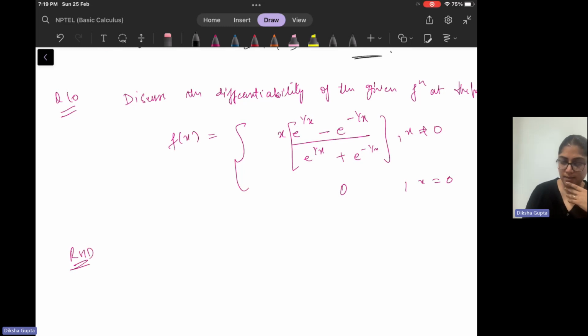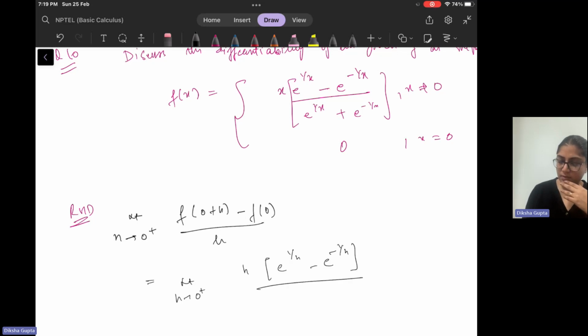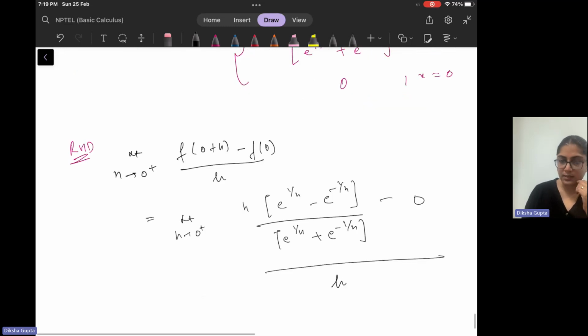So right hand derivative is limit h tending to 0 plus f of 0 plus h minus f of 0 upon h. So here we are checking the derivative at the point 0. So this is limit h tending to 0 plus, f of h is h e to the power 1 by h minus e to the power minus 1 by h upon e to the power 1 by h plus e to the power minus 1 by h, minus 0, f of 0 is 0, upon h.